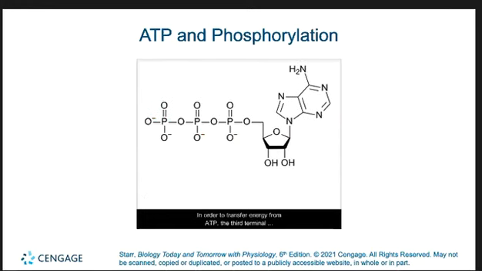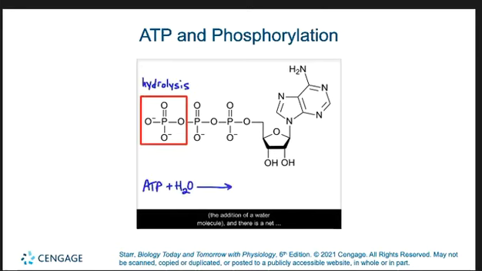In order to transfer energy from ATP, the third terminal or last phosphate group is removed through hydrolysis, the addition of a water molecule, and there is a net release of free energy that can be used by the cell. The specific enzyme that catalyzes this catabolic reaction is called ATPase.